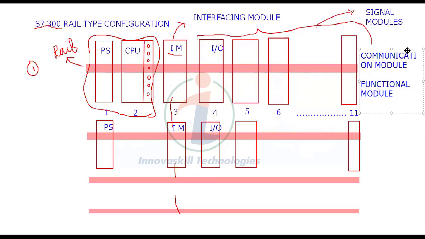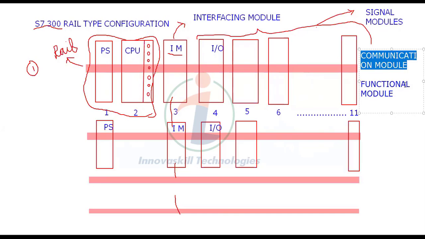Communication module. What is the use of that? Suppose this CPU has only RS-232 communication, but you need Ethernet communication. You cannot add Ethernet in the CPU, but you can directly buy a communication module which supports Ethernet and add it in the slots here. By replacing one IO module, you can add a communication module here. Then this PLC will support other communications also.